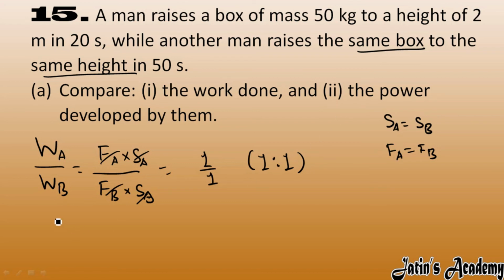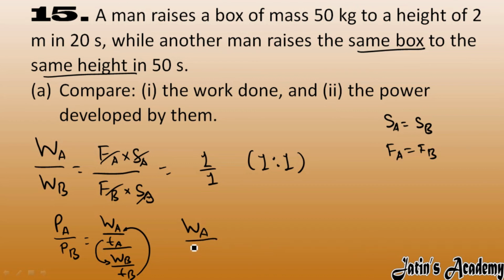Now we have to calculate the ratio of power. Power developed by A to power developed by B is work done by A over time taken by A, over work done by B over time taken by B. So this is multiplied here and this is multiplied here. So work done by A over work done by B, times time taken by B over time taken by A. This is 1:1.